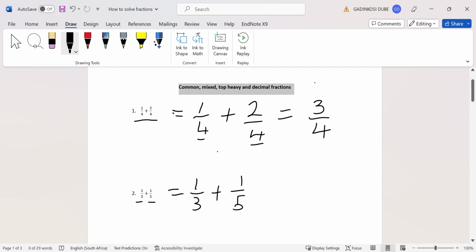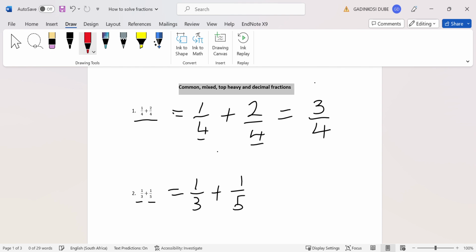Now what you do, you just multiply out, okay? So here we can see that the lowest common multiple is 15. So if it's 15, you can just convert that.